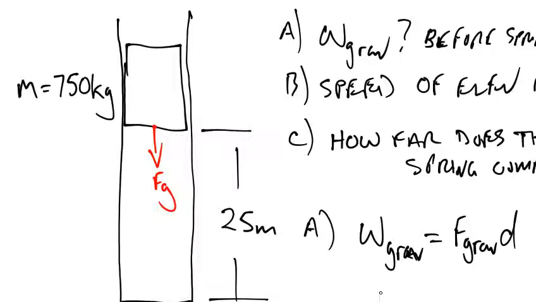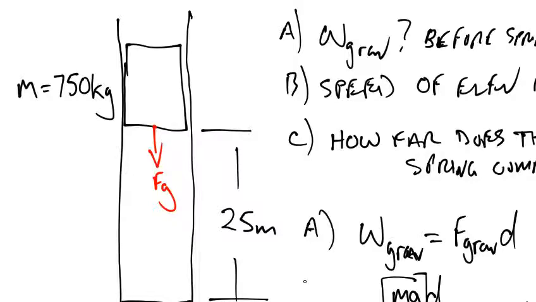So in this case, since we know the mass, it would just be mgd, that being the force, and all we get is 750 kilos times 9.8 newtons per kilogram multiplied by a distance of 25 meters, and we get an answer of 183,750 joules.